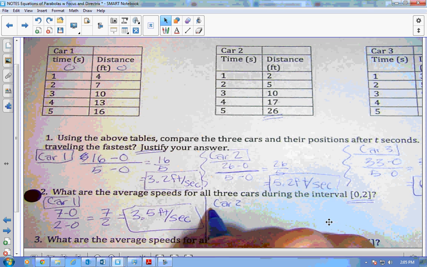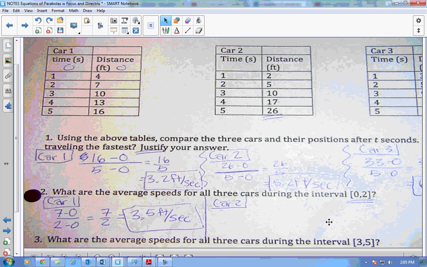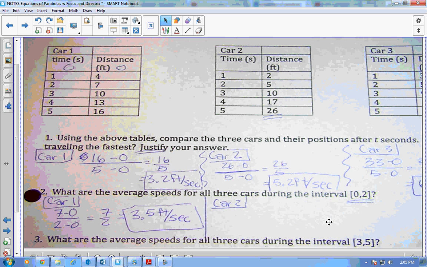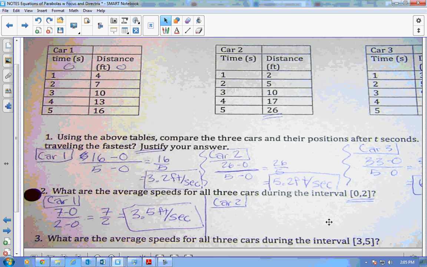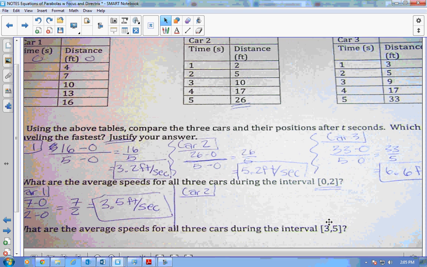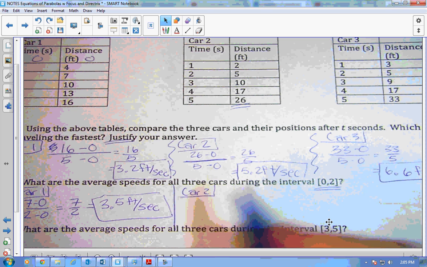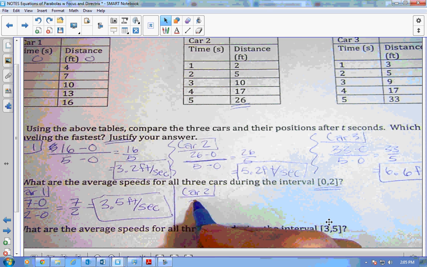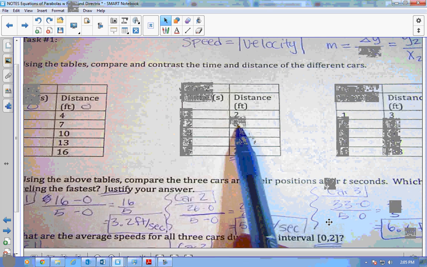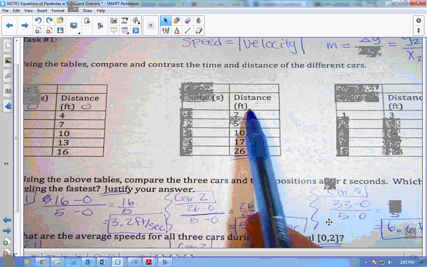Car 2, we do the same. Let's see, Tatiana, how would we set up car 2's for the interval 0 to 2? I don't think it's 2. You need to do the y's first. 5 minus 0.